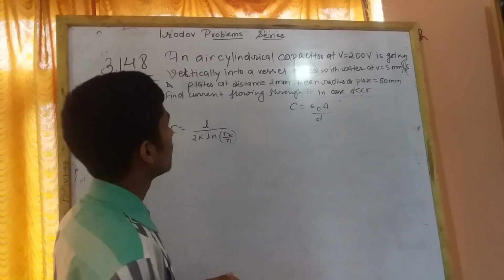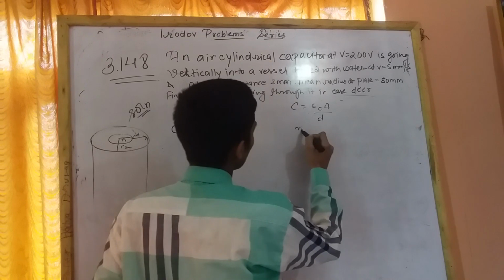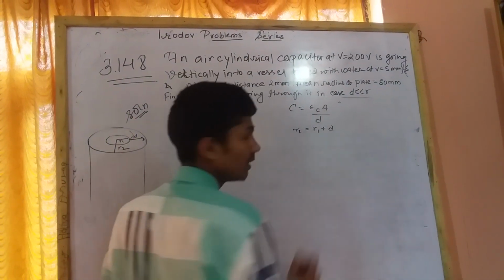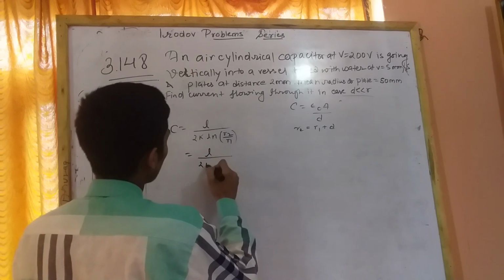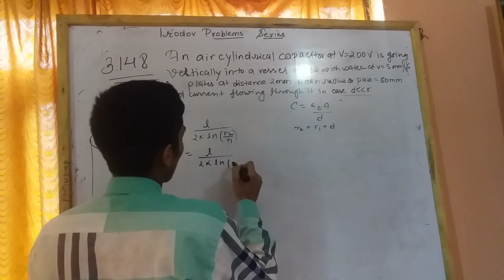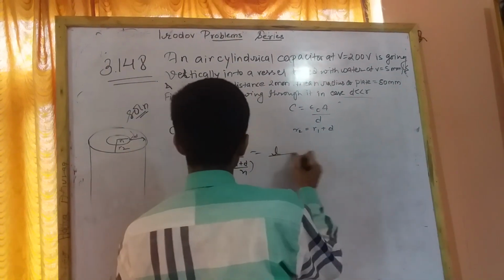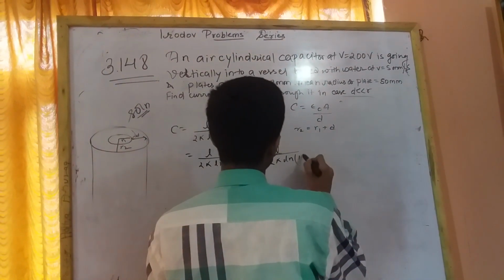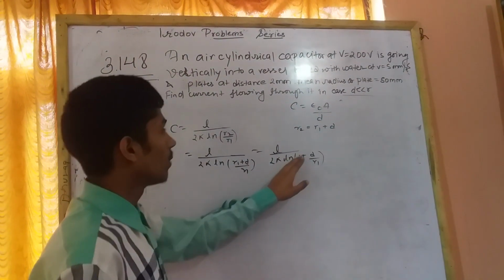We are given that if this is D, then R2 equals R1 plus D. So plug in the values: L divided by 2k ln R1 plus D divided by R1, and the capacitance will be L divided by 2k ln 1 plus D divided by R1. Now this is in the form of ln 1 plus x.